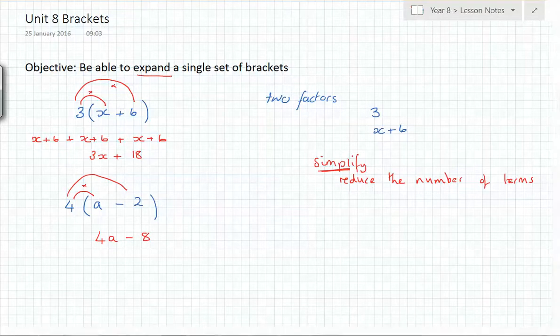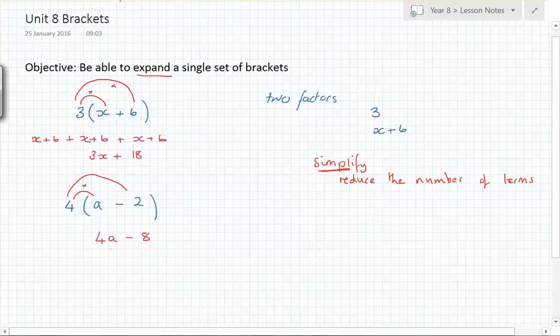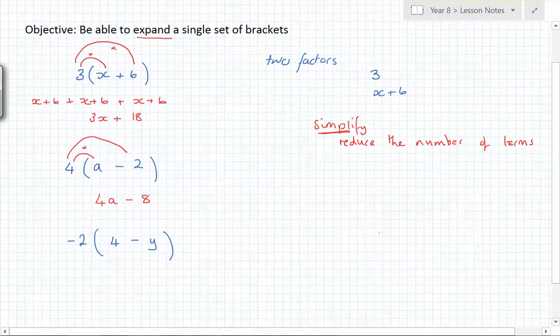Okay. What if I were to do minus 2 times 4 minus y? What do you reckon?